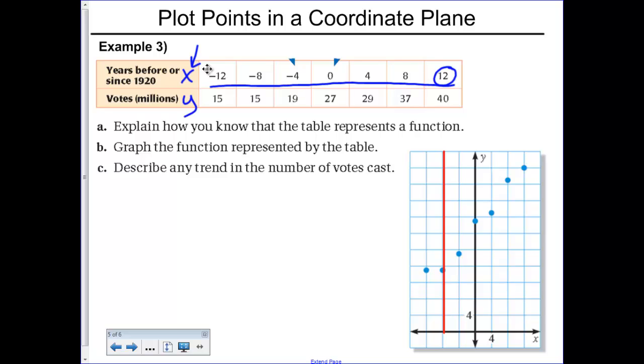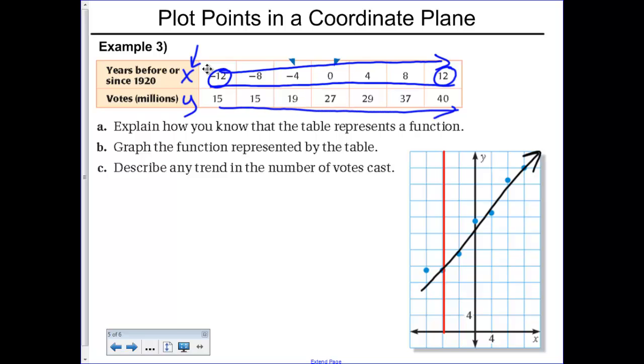We've already talked about the trend. Go ahead and put that trend back in. The trend appears to be up and to the right, so this is saying years before or since 1920, number of votes. So as the years have gone up, if we look at the numbers on this side, the numbers are going up. So as the years go by, the number of votes cast appear to be increasing also.